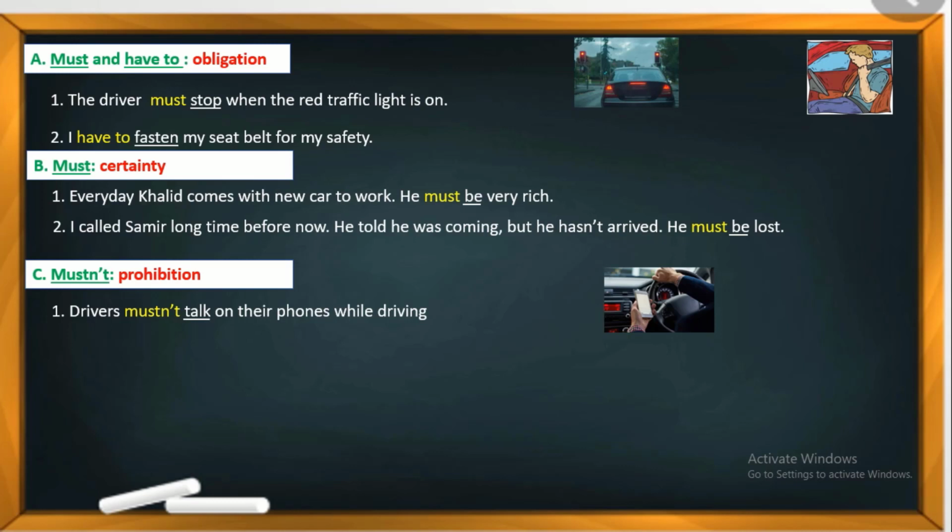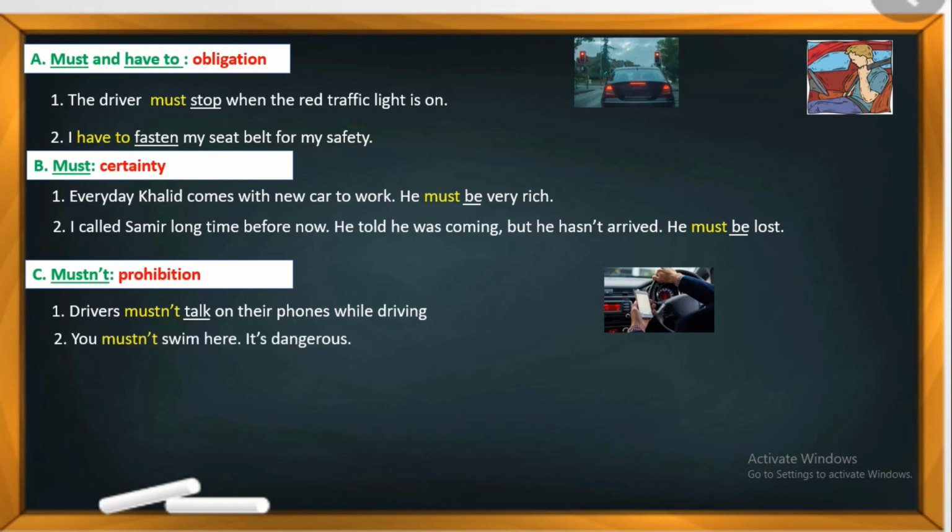No, you are not allowed. You mustn't use your phone if you are driving a car. So this means that you are prohibited to use your phone. It's forbidden to use your phone. So mustn't is used to say that something is forbidden, is prohibited by the law.